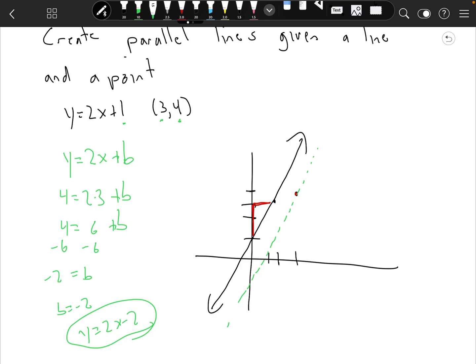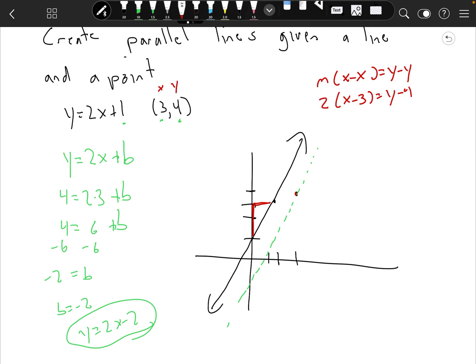The other way is to write it in point-slope form. I don't expect you to memorize both these ways, but you do have to know how to do this. Point-slope form, I'll do in red. It's m times x minus x1 equals y minus y1. If you haven't seen that before, just divide both sides by x minus x1 and you have the slope formula. Our slope was 2, so 2 times x minus 3, because this is my x, equals y minus 4, that's my y.